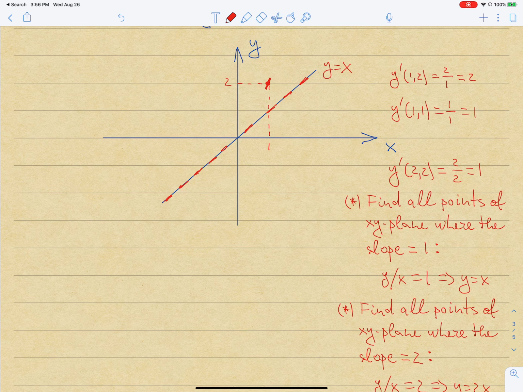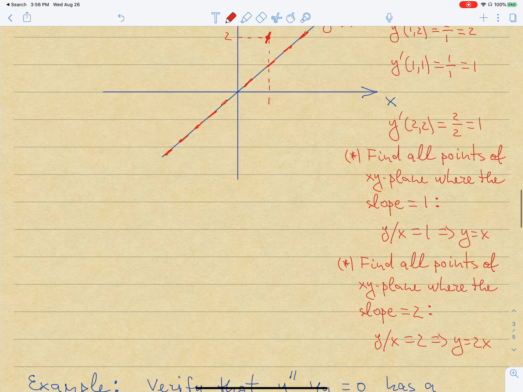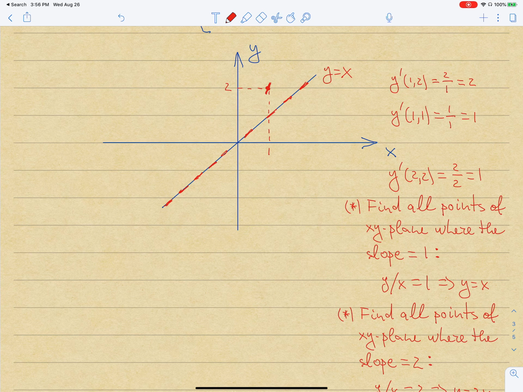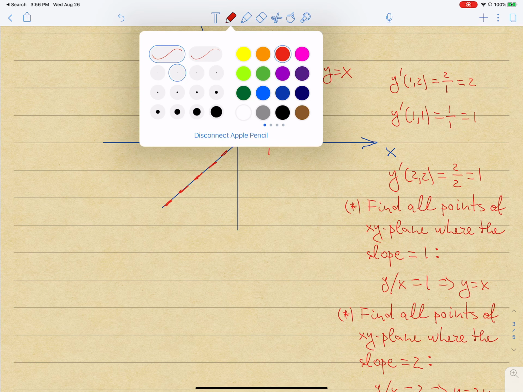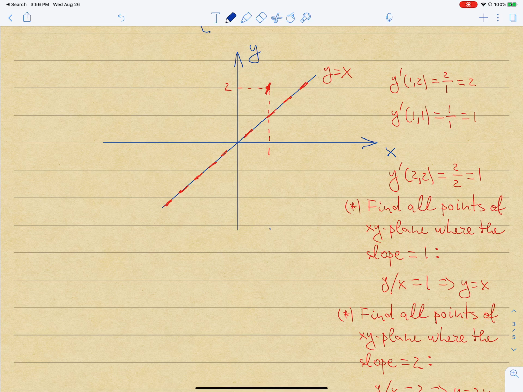Likewise, if I look at the line y equal to 2x, so let's draw that line. Oops. That's a line that actually passes through our point here. Everywhere on that line, the slope is 2.